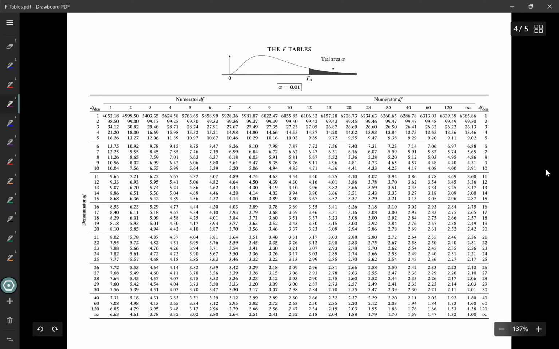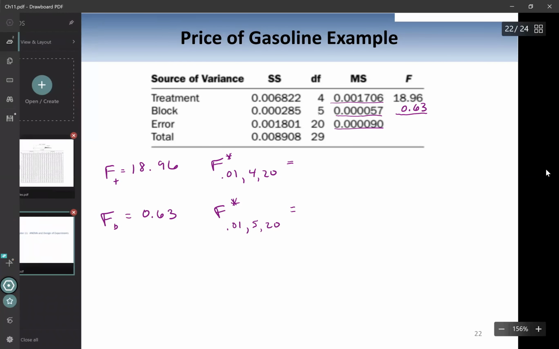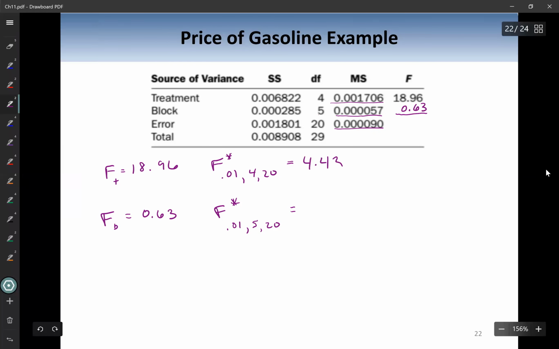So here is alpha, 0.01. And for the first one, we had 4 degrees of freedom corresponding to 20 in the denominator. That gives us a 4.43.